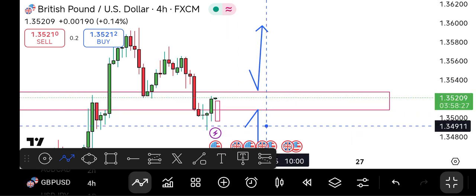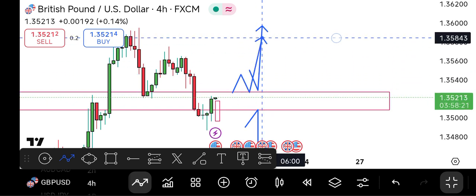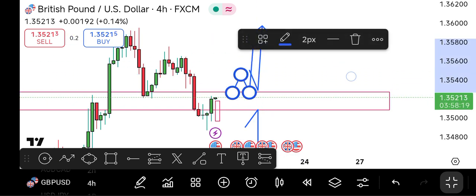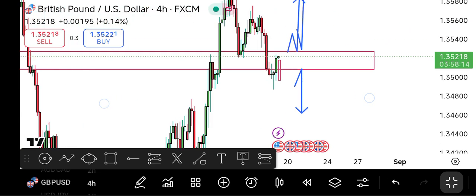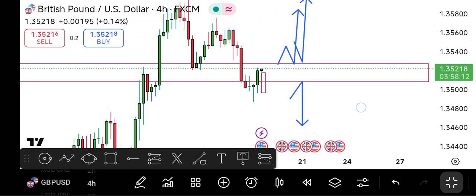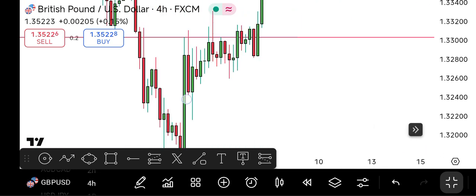You can see at this level, the reason why I'm hoping for a sell is that the market has been forming an uptrend, since, as you can see.